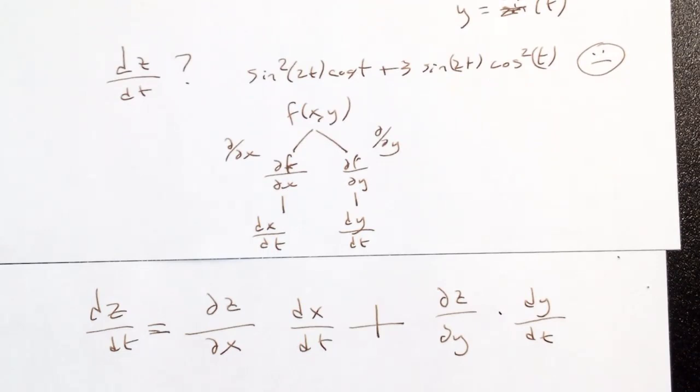And that means I know how to do this. I now know how to take the derivative I want. Problem. The resulting expression is going to contain three variables. It's going to contain x and y and t.